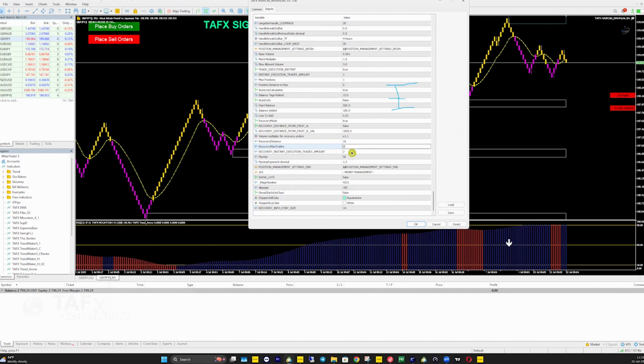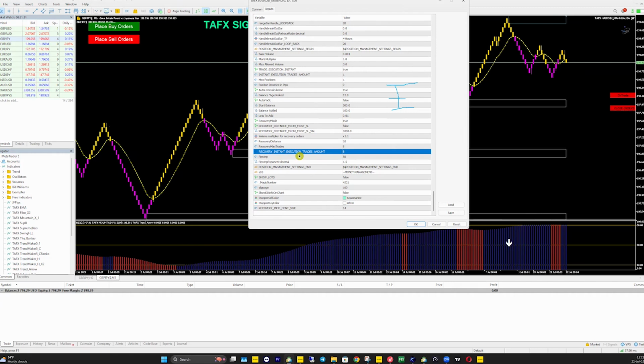All right. So let's say, for example, if I set here 8, because we have the max trade of 8 and instant execution of 8. So even if the distance is 10, it will enter 8 positions at once, because in recovery instant execution trades, we have set 8.